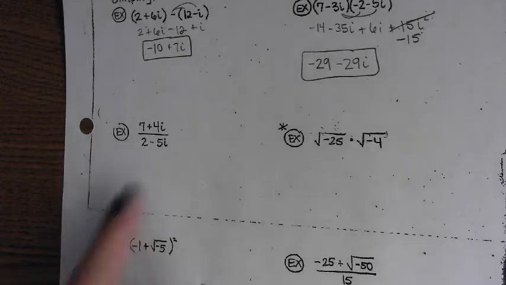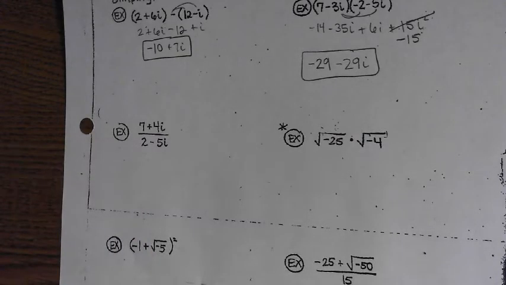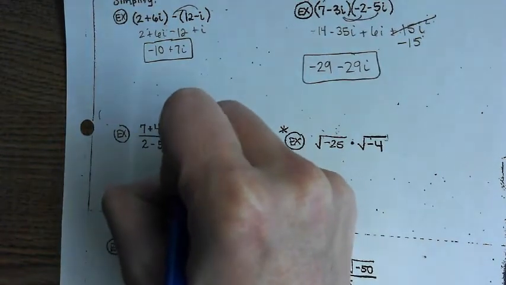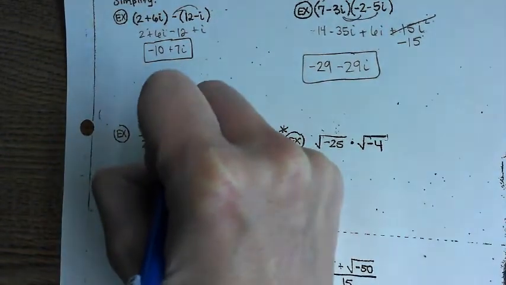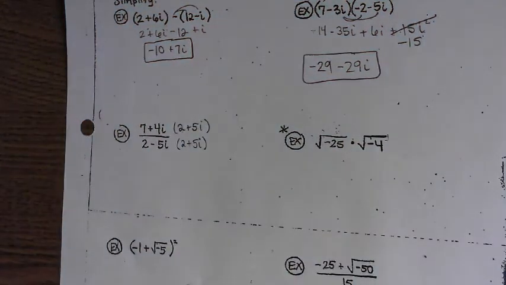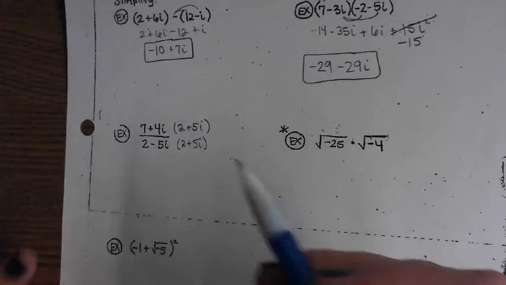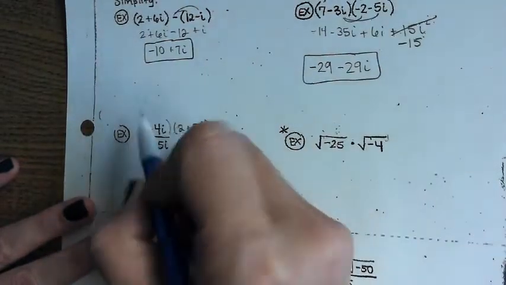If we want to get rid of that in the denominator, what would we multiply this by? 2 plus 5i, because that's part of a binomial. We would multiply by its conjugate. Now in the numerator, we can multiply this out by foiling.